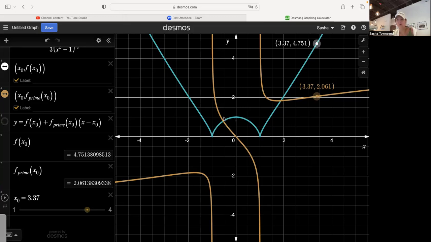At x equals 0, we get a horizontal tangent line, so our derivative is 0. And then from 0 to 1, all of our tangent lines have negative slopes, so we get negative values here. And then from 1 to infinity, our tangent lines have positive slope, and slope is given by this branch of the derivative graph.